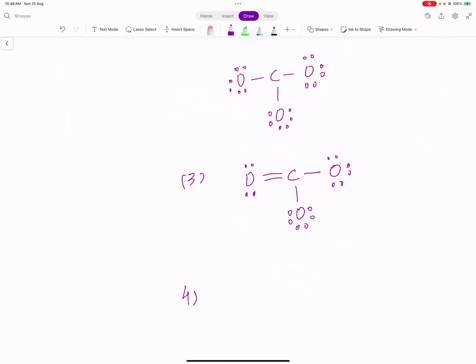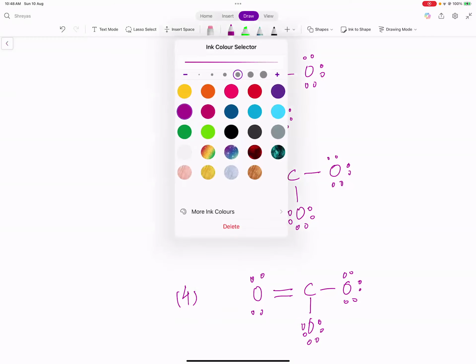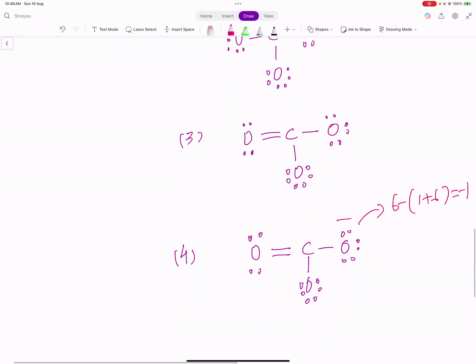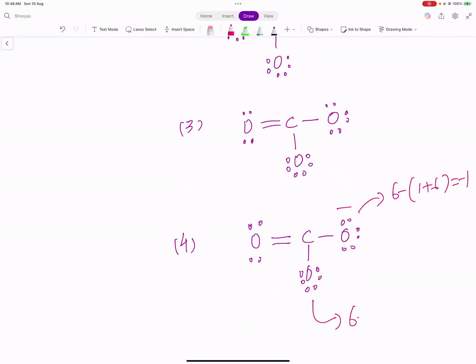Final step, formal charge. Valence electron 6, lines 1, dots 6, minus 1. When there is minus 1, we just put a minus here. 6 minus 1 line, 6 dots, minus 1.